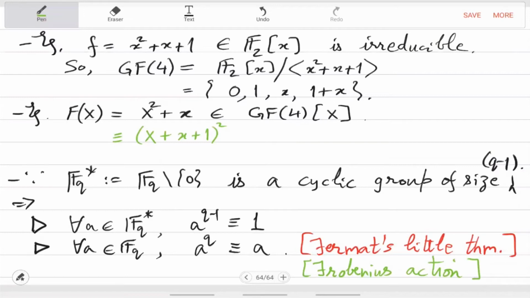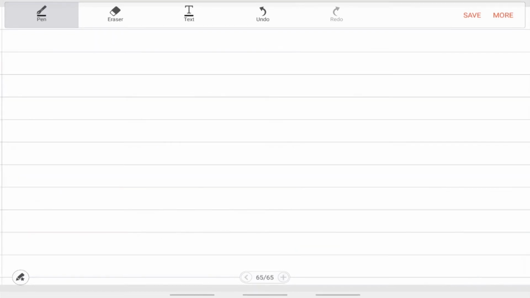In this case, it is a trivial action because a raised to q will give you the same thing back, which is a. But you could have instead raised a to p, right? That is actually called the Frobenius automorphism. There are multiple names for this. Okay. So now based on that identity, we'll design an irreducibility test for an input polynomial.